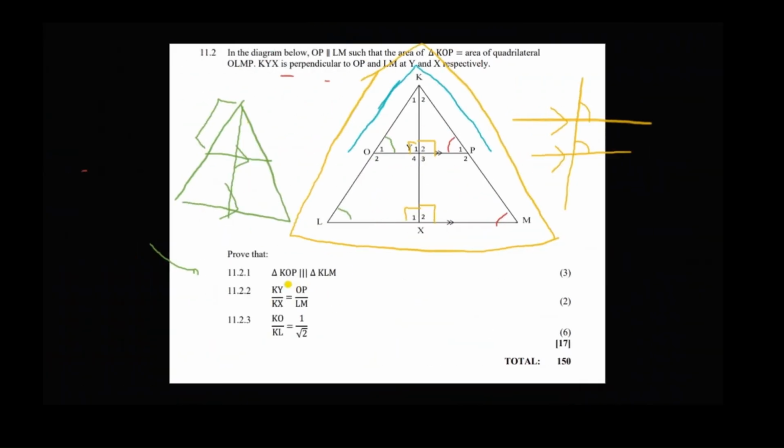Now let's look at O in KOP. What angle is O in KOP? That would be O1. And what is L in KLM? L in KLM would be this L angle over here. And O in KOP would be O1. We've marked them as being equal to each other because of corresponding angles.